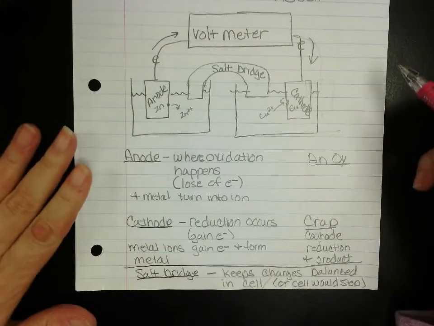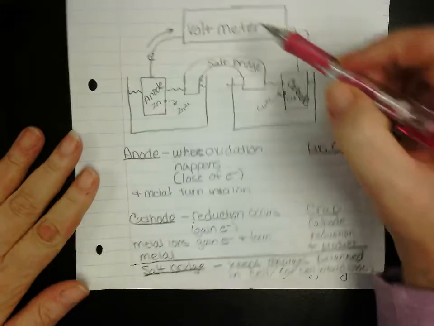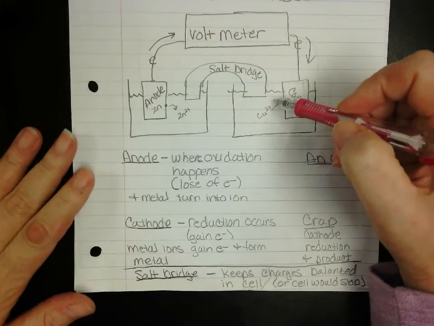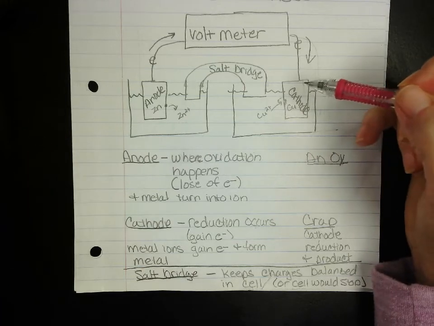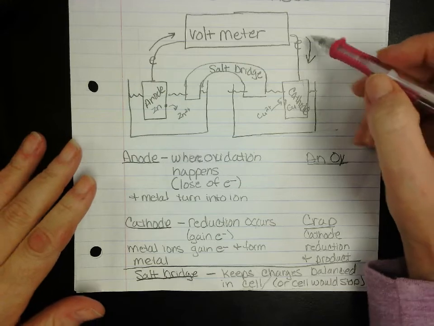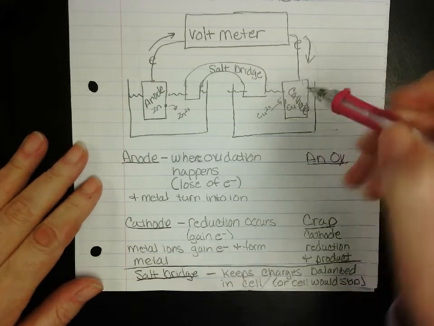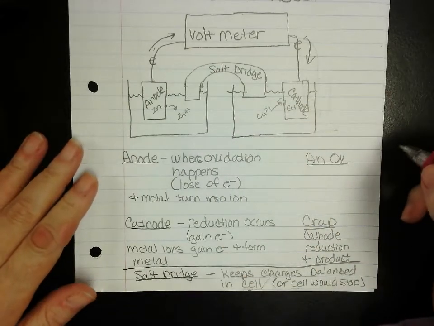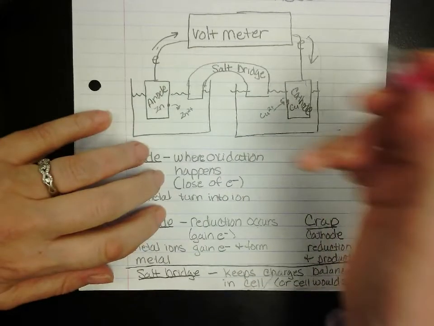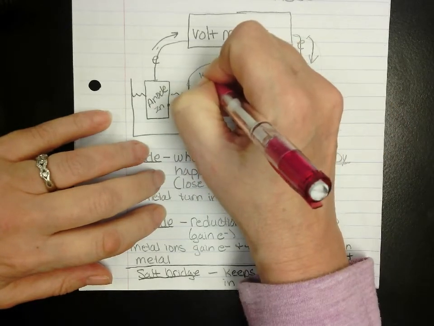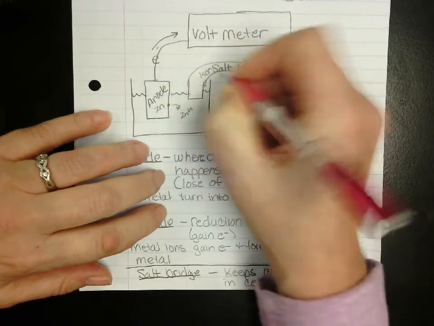Now, the one thing I didn't talk about is the salt bridge. So if I keep building up negative charges here, let's just think about this like a magnet. If I get too many negatives here, this negative electron won't want to come, and sooner or later my voltaic cell will stop working. So we make this salt bridge, and let's call this guy potassium chloride. Okay, and they're a bunch of ions.